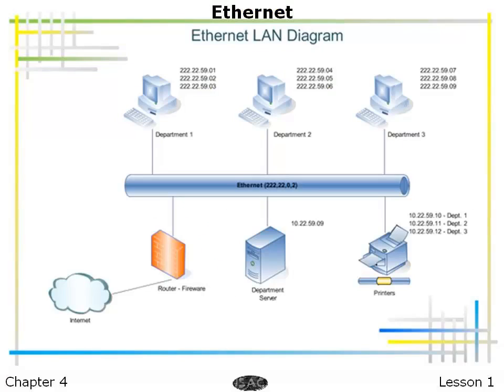Computers were connected to an Attachment Unit Interface, AUI, transceiver, which was in turn connected to the cable. Later, with thin Ethernet, the transceiver was integrated into the network adapter.